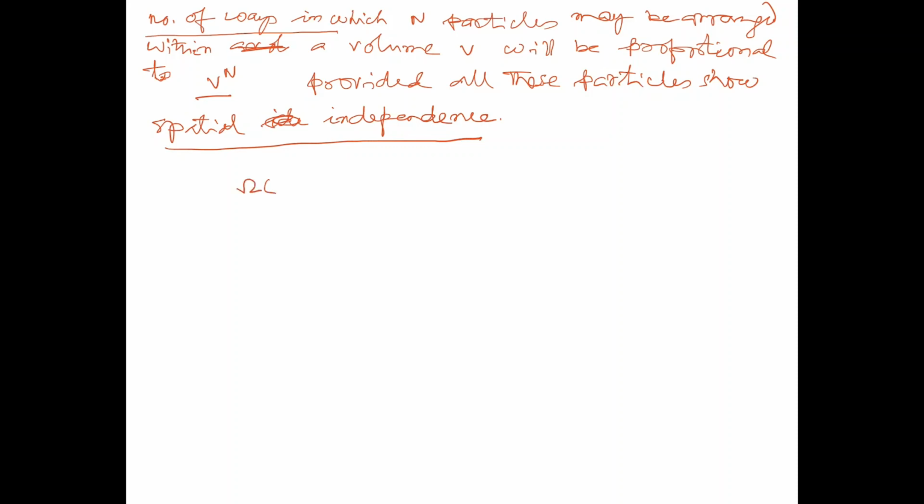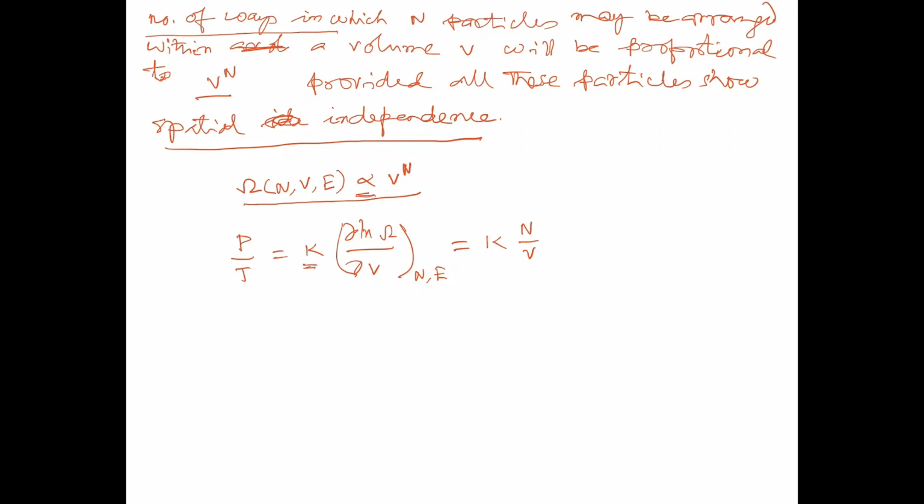So the number of microstates omega, which in general is a function of N, V and E, is proportional to V to the power N. Now we have seen that P by T is equal to a constant times dou log omega by dou V at constant N and E, and if you use this for omega, we get kN by V. That constant of proportionality is merged with the Boltzmann constant.